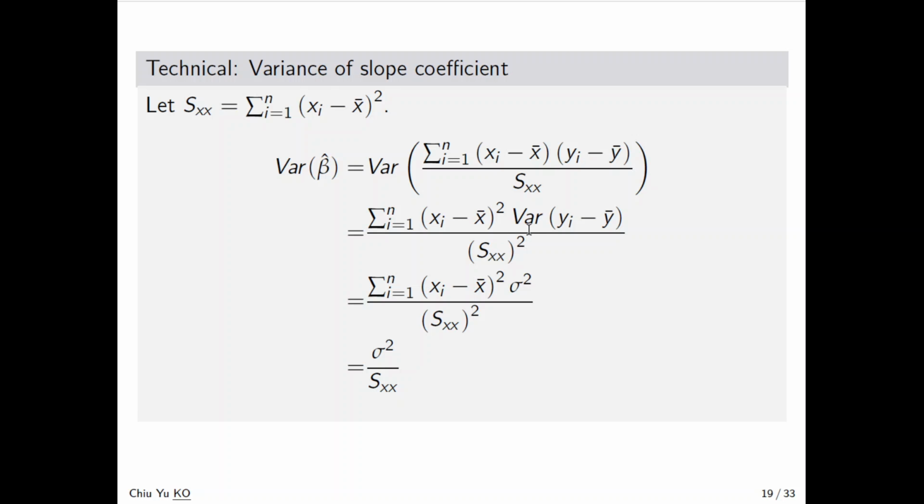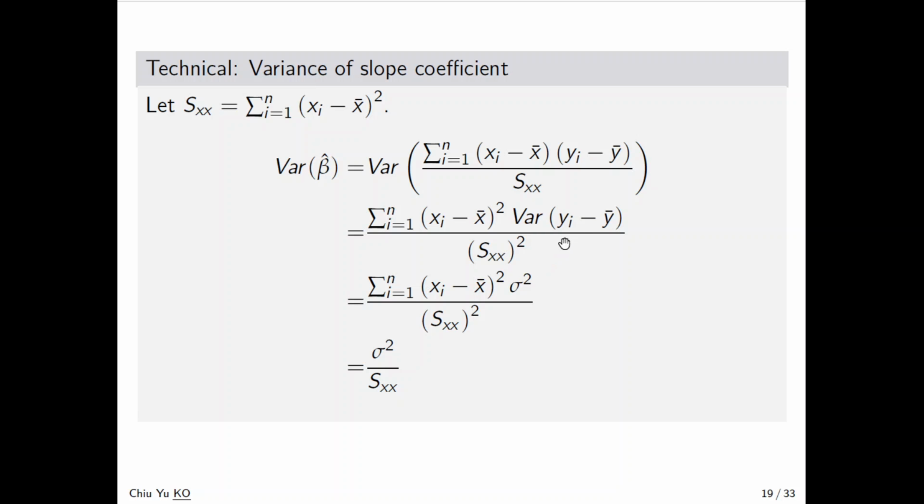And remember, the variance of yi minus y bar, where y bar is alpha plus beta x bar and so on. Alpha and beta do not change, and x are constants, so only epsilon is the changing part here. That leaves only sigma square.